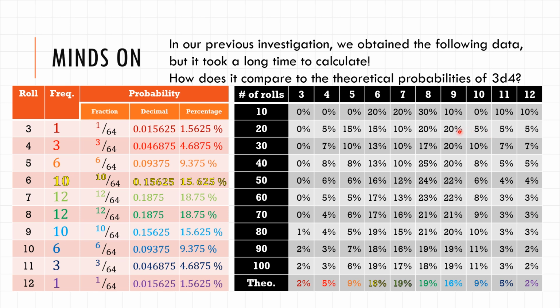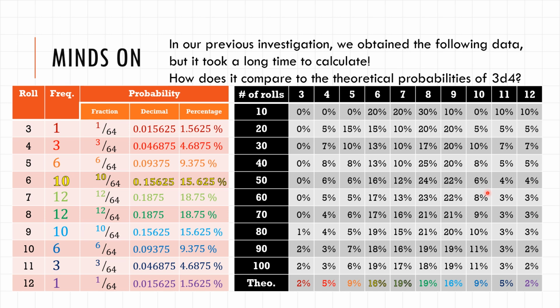So hopefully you got a chance to look at this data, and whatever you notice, big or small, is valuable. You may have noticed stuff like, hey, the theoretical distribution forms sort of like a hill, like the central values between 6 and 9, those are the highest numbers, and then the further out you get, the lower the probabilities get.